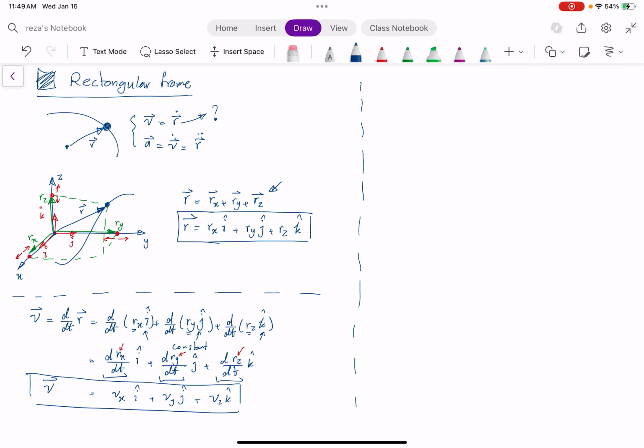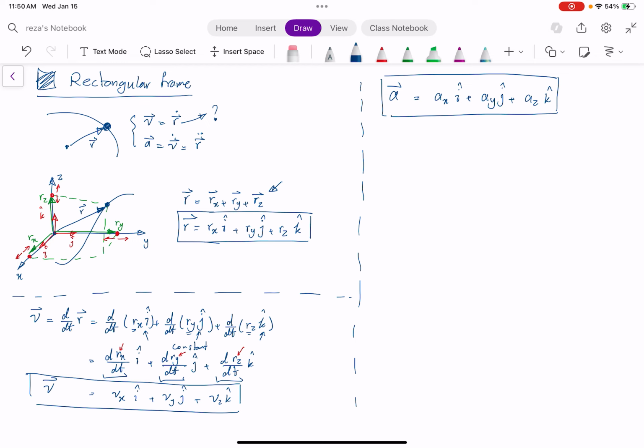And following exactly the same footsteps, I can also calculate the acceleration vector. If you do exactly the same thing, you will arrive at ax i plus ay j plus az k. That is, the total acceleration vector is created by considering the individual components of acceleration along any of these directions. Let me add another thing here.